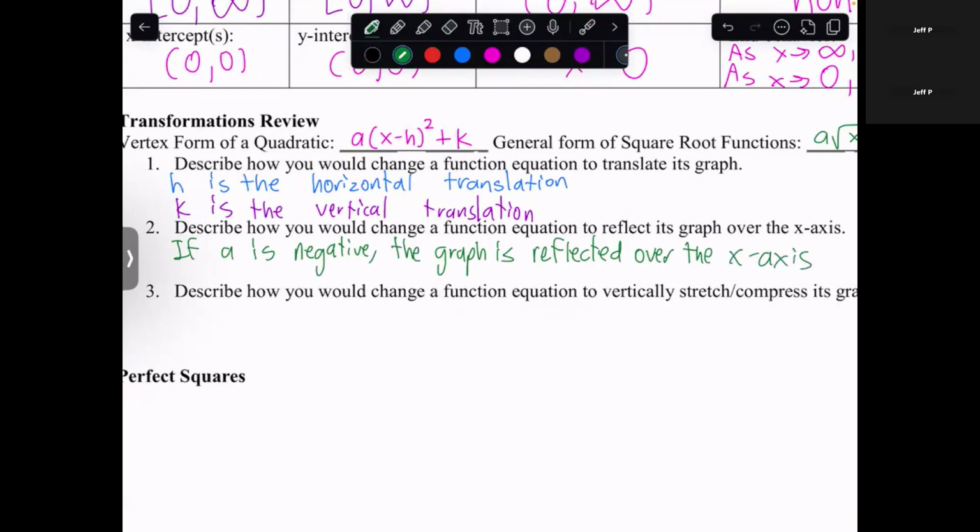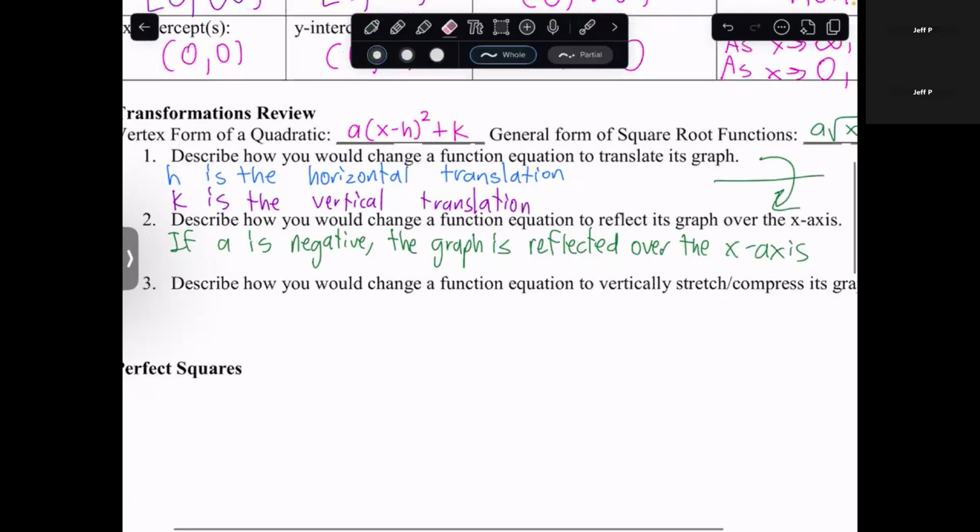Remember the x-axis is the horizontal one. So if you reflect over the x-axis, that means you're going like this. So you're basically flipping it upside down.